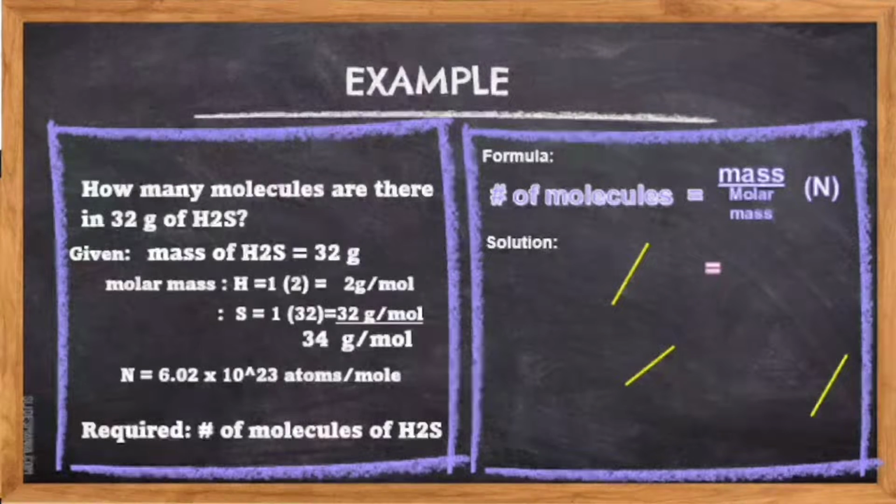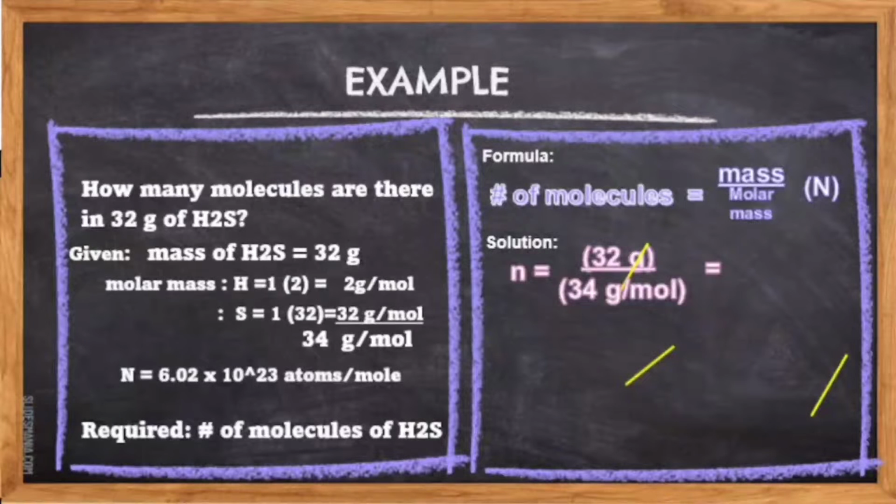So for the solution, first is to get the number of moles. So 32 grams divided by 34 grams per mole. Cancel the grams, so we'll get 0.73 mole.